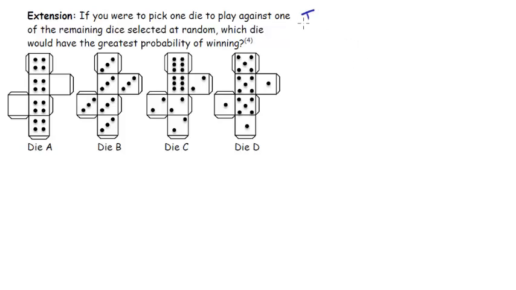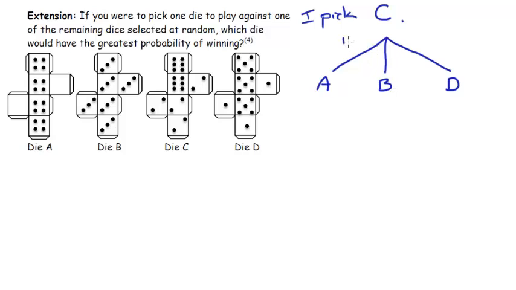So I pick C. The first thing, we have 3 cases of who my opponent can be. You could pick A, you could pick B, or you could pick D. Now this is random. You're just going to close your eyes and pick, so this would be a third, a third, and a third.